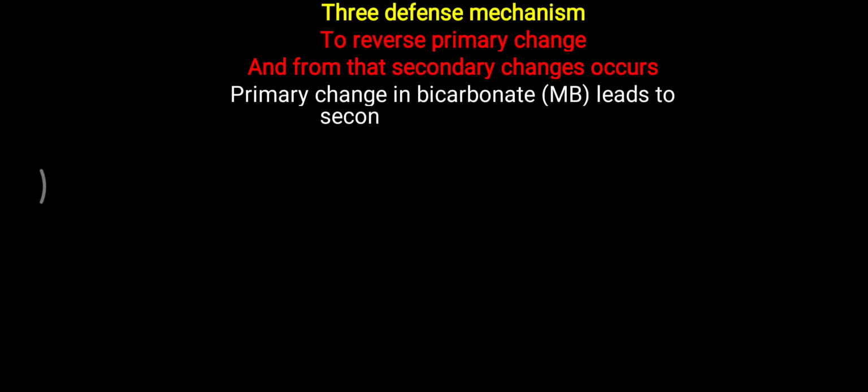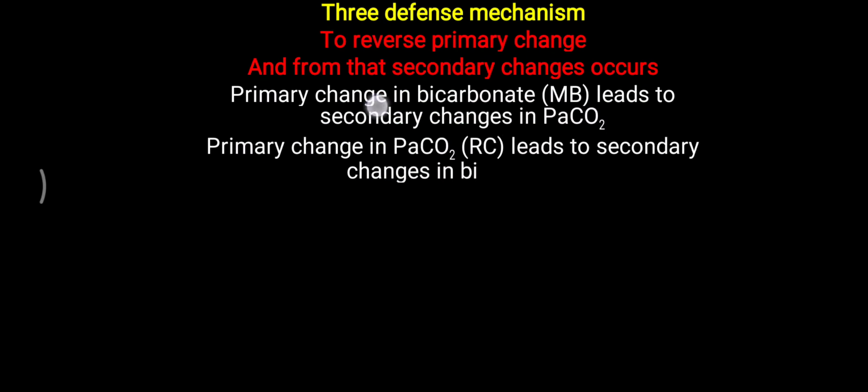Basically these three defense mechanisms work to reverse the primary changes of the acid base disorder, and that is how secondary changes occur. Primary changes mean whether it is affecting bicarbonate or carbonic acid, and that will make secondary changes. So a primary change in bicarbonate leads to a secondary change in partial pressure of carbon dioxide. To compensate for this bicarbonate, the carbon dioxide level will be affected.